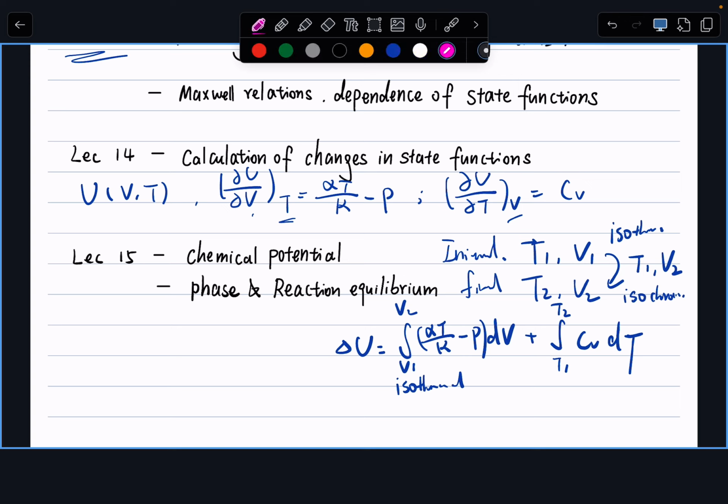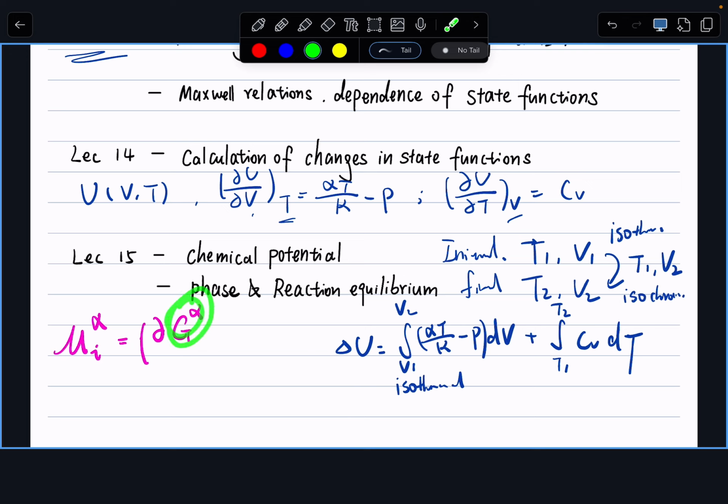So in lecture 15, we introduced the idea of chemical potential, where your chemical potential is defined as mu i alpha. I'm going to go really slow on this definition, so bear with me as we think about what each term is. This is the chemical potential of species i in phase alpha, and that's defined as the partial derivative of your total Gibbs free energy in phase alpha.